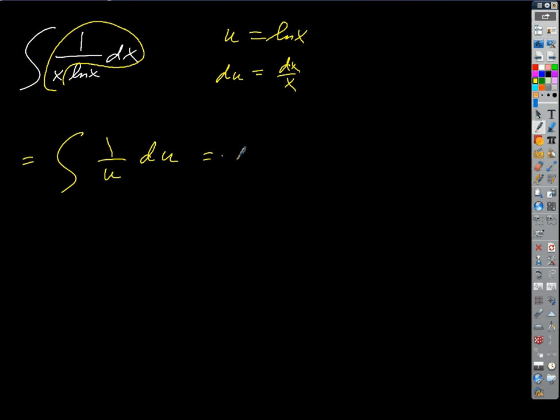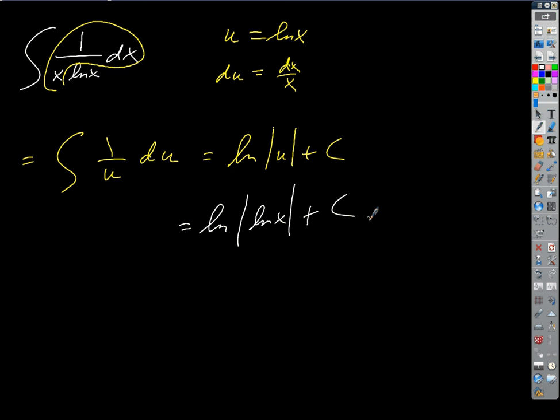So what's our answer? Natural log absolute value of u plus c. If we reverse the substitution, natural log of the absolute value of natural log x plus c. Do we need the absolute values?